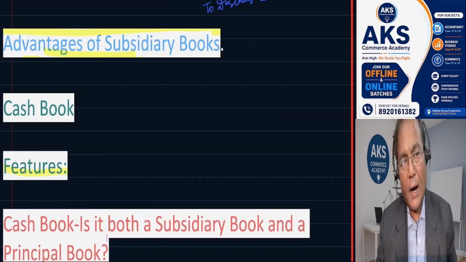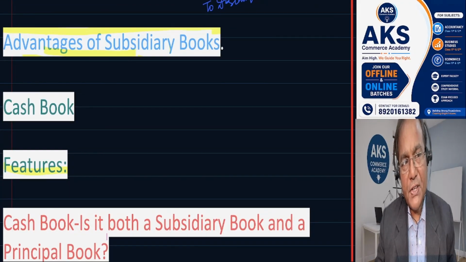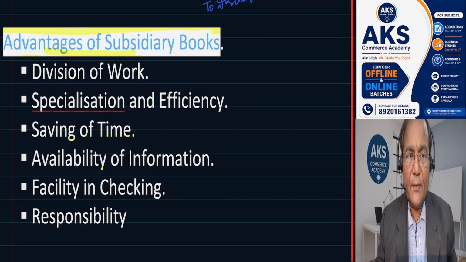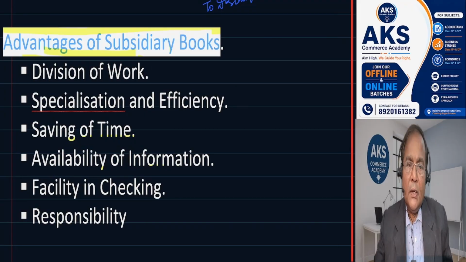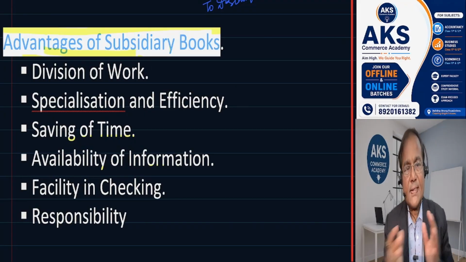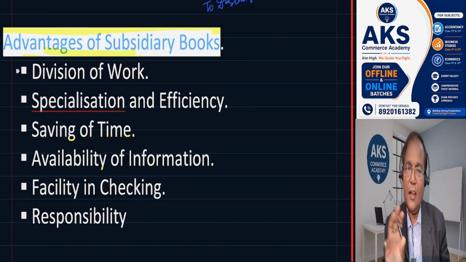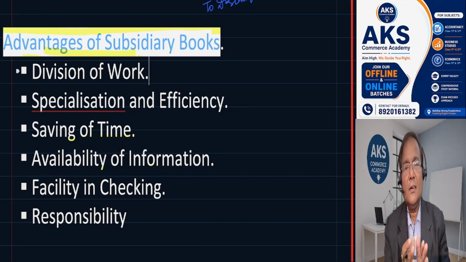Now, what are the advantages of subsidiary books? We will touch on that here. So these are the advantages. Division of work. As I said earlier, one person was maintaining the whole journal, so every transaction was maintained by one person. It was good enough when the scale of operation of a business was limited.